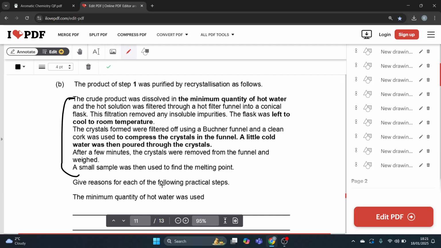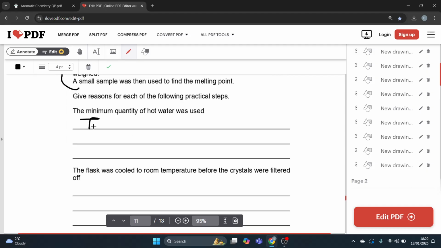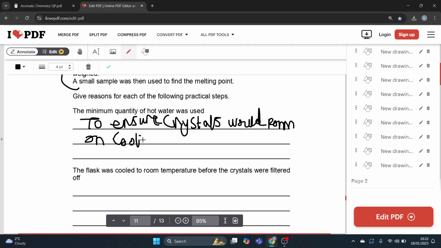It says give reasons for each of the following practical methods. The minimum quantity of hot water was used. Crude product was dissolved and the minimum quantity of hot water was used to ensure crystals would form on cooling.